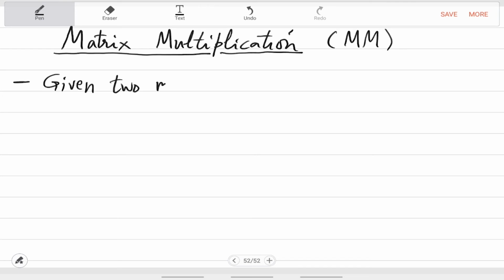So given two matrices, we'll use small x, a matrix xij. So this is an n cross n matrix.